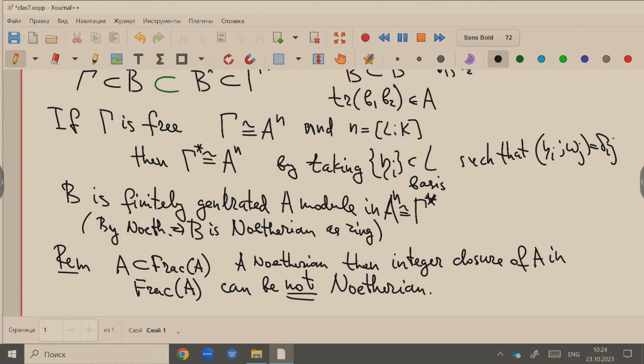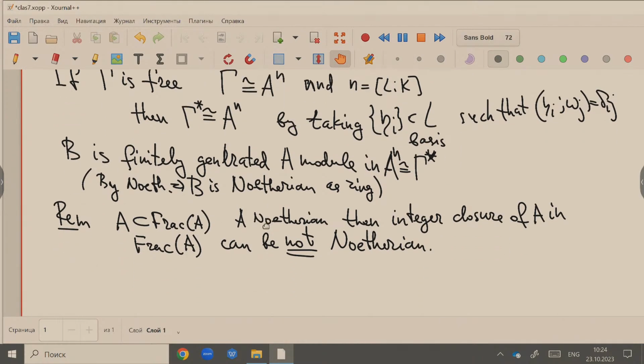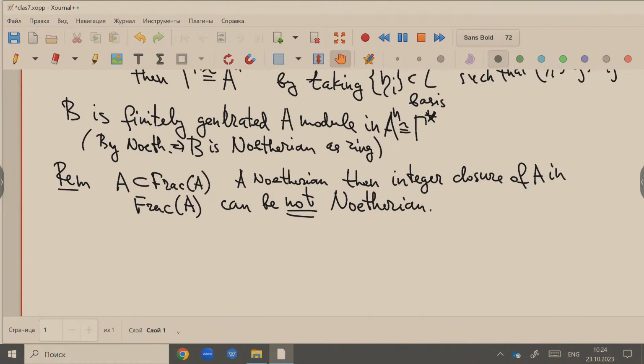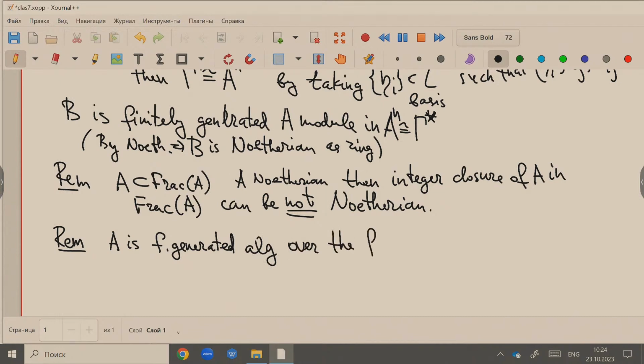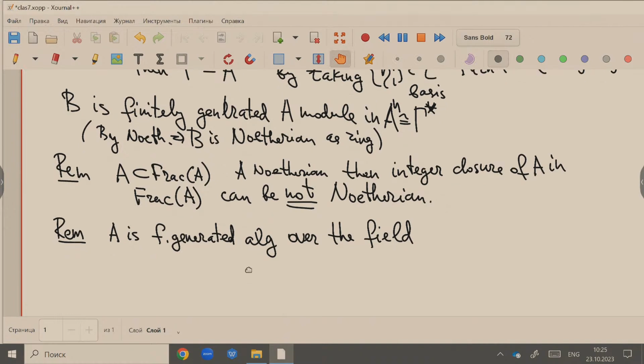And if you want to derive the good properties, one should remark that in algebraic geometry, if A is a finitely generated algebra over a field, then what can you do?